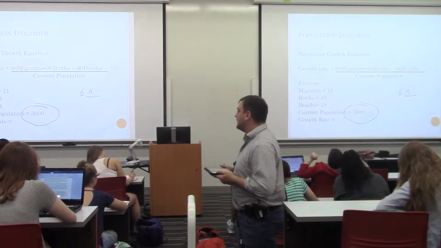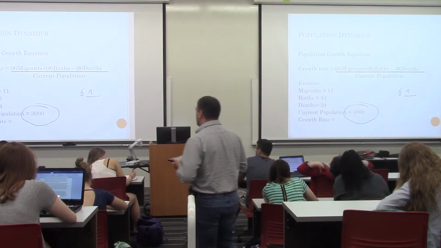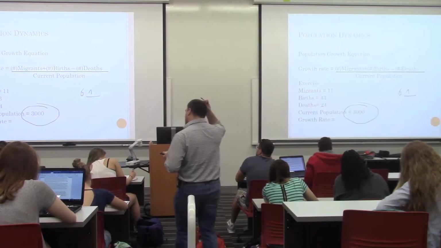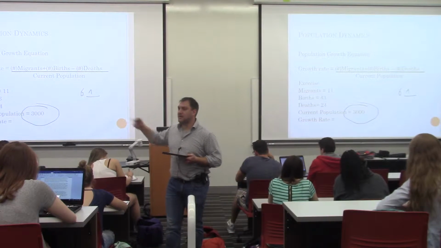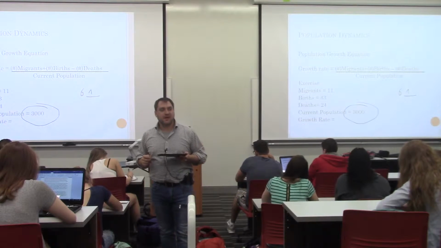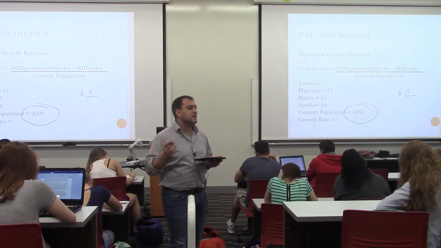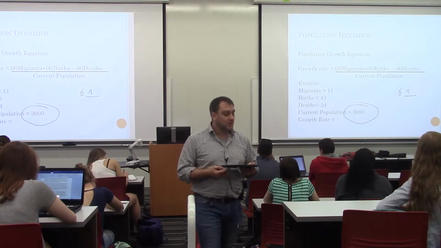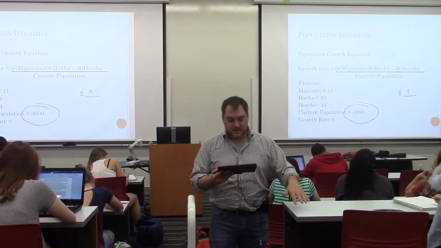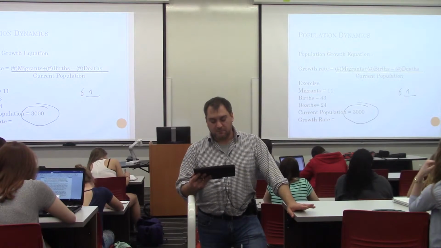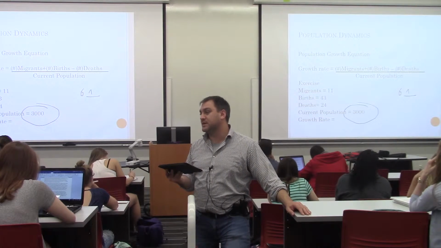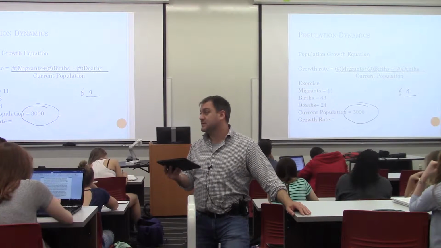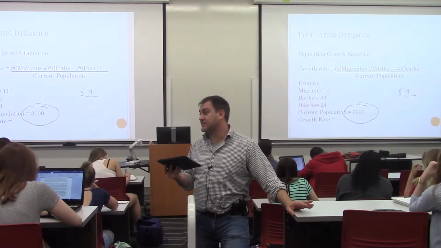And in fact, if we look at the present day modern United States, this is the typical growth rate for our population. If we look at the 2010 census, we had roughly 300 million people, roughly 4.3 million births, 2.4 million deaths, and 1.1 million immigrants. And we have a positive growth rate as a result.